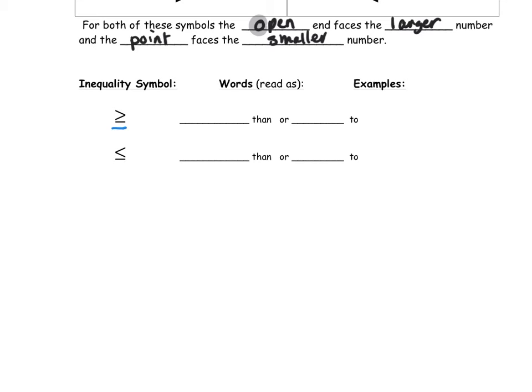But we just use one line. So we call this the greater than or equal to symbol. And then when we look at this, we see the smaller end, so this is the less than or equal to.